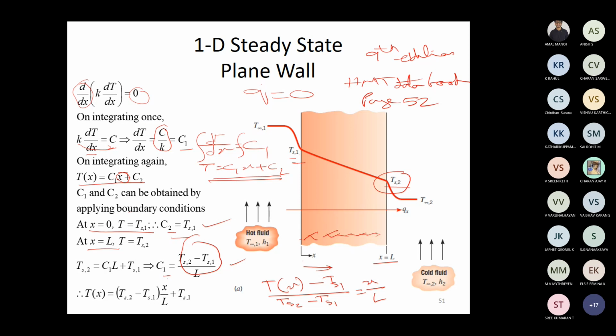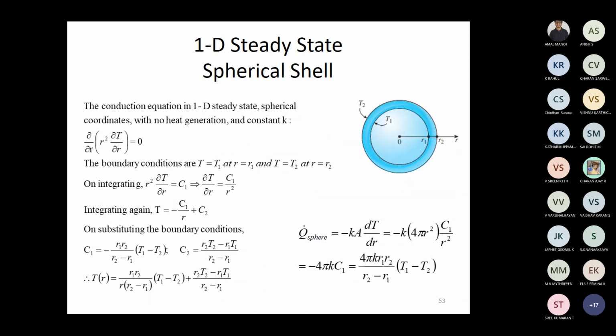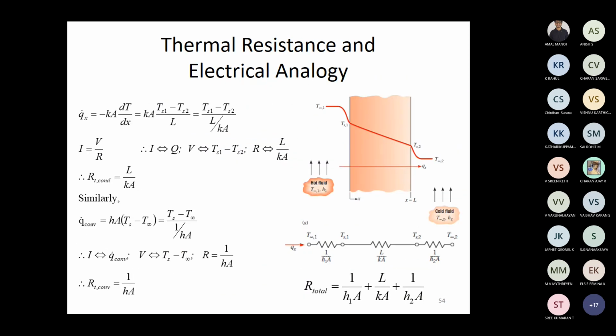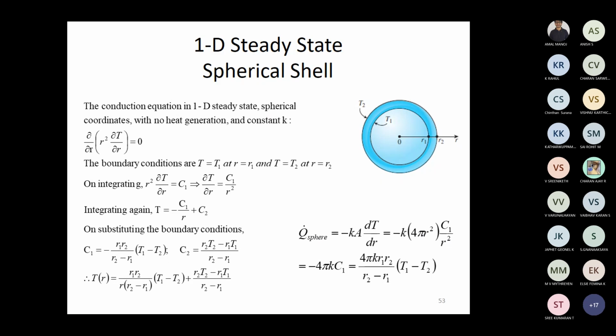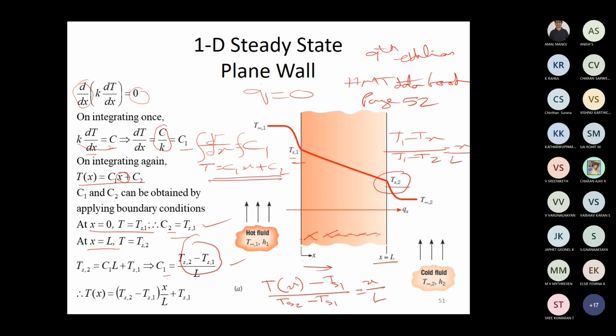Now I cannot overemphasize the importance of having a data book in your hand. T1 minus Tx by T1 minus T2 is equal to x by L. This is the equation that is given in your data book. In this way, you actually do not have to memorize many things in heat transfer.